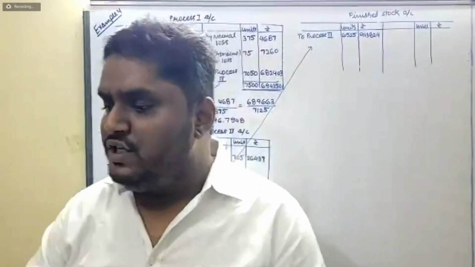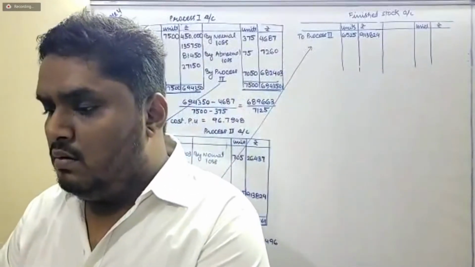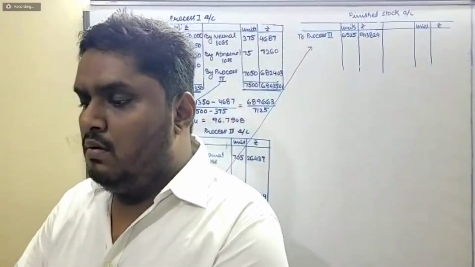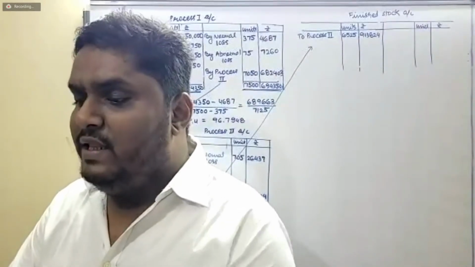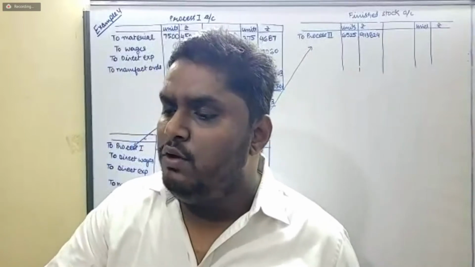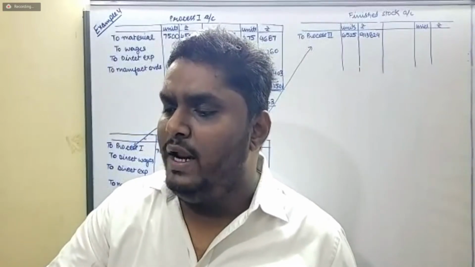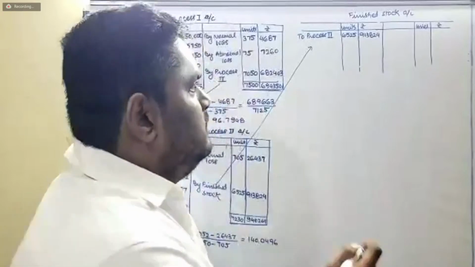Further, it is given in the question that 6,000 units of finished stock are sold at a profit of 15% on cost.